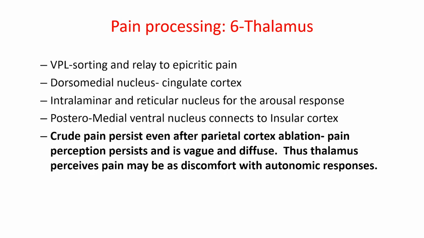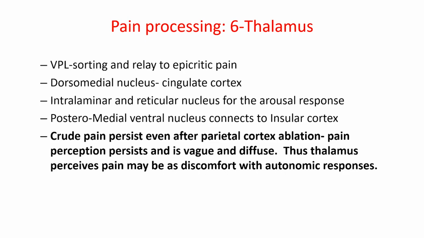The intralaminar and reticular nuclei, as already mentioned, carry the information to all the cortical areas for arousal response. The posterior medial ventral nuclear relay connects to the insular cortex.